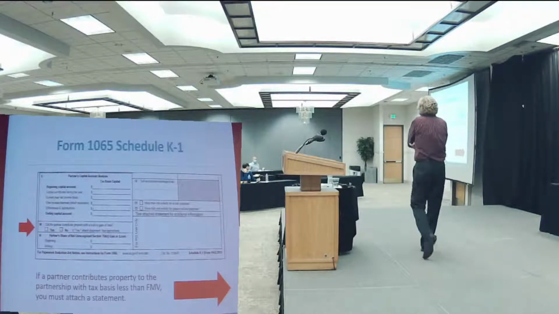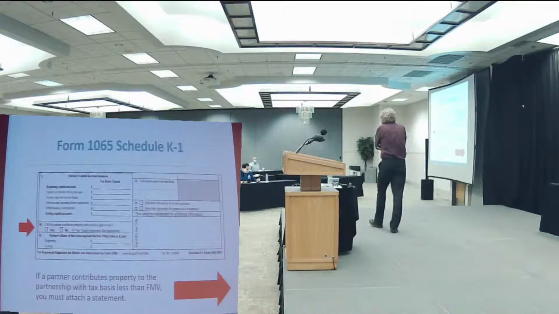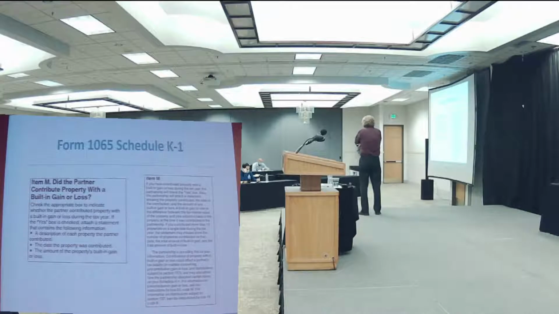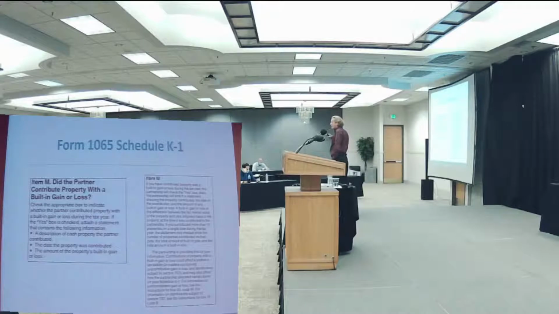And then here, you see that little box there? Did the partner contribute property with a built-in gain or loss? Yes or no? And the question is not ever. The question was this year.